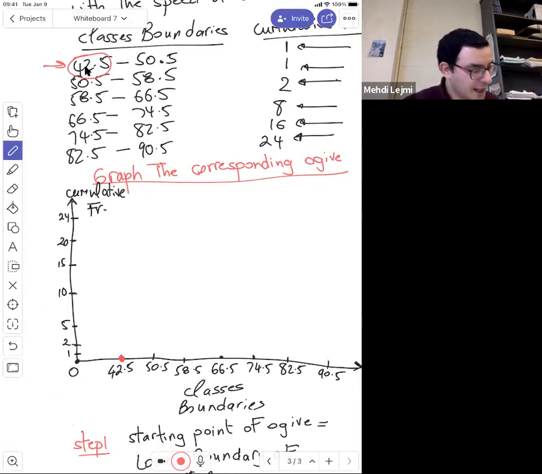Okay, next. You start on the horizontal axis, this red point at 42.5. Now, step 2: the next point represents the cumulative frequency of the first class.